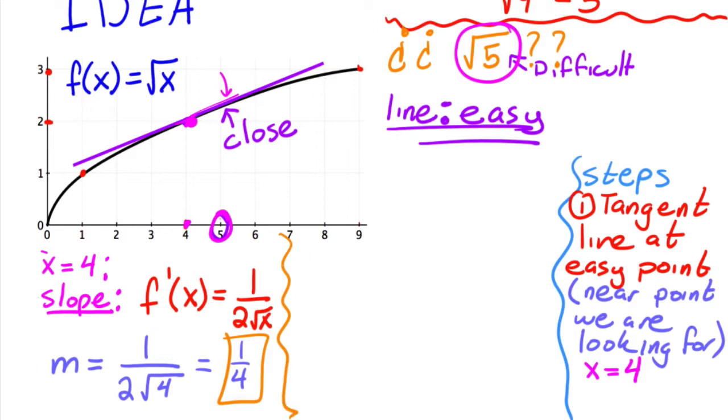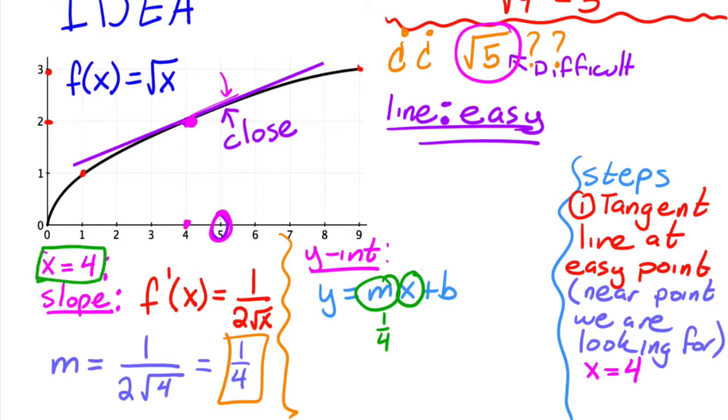The second part is to find the y-intercept. We write down that y is equal to mx plus b. We plug in our newfound slope, which is 1/4, we plug in our x value, which is 4, and our y value is simply the value of the function at 4.